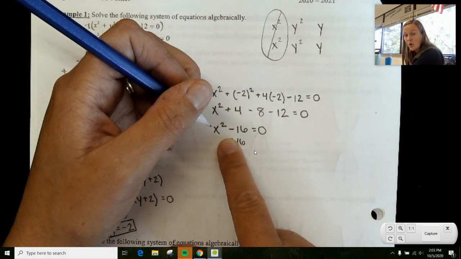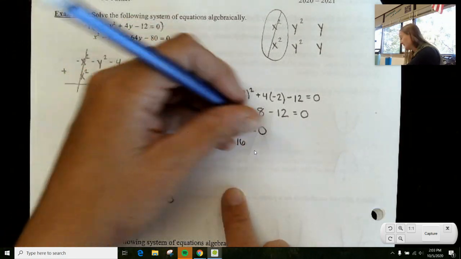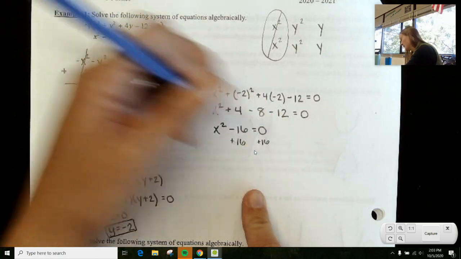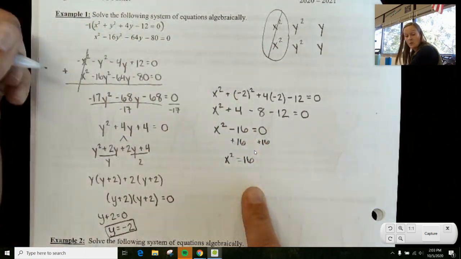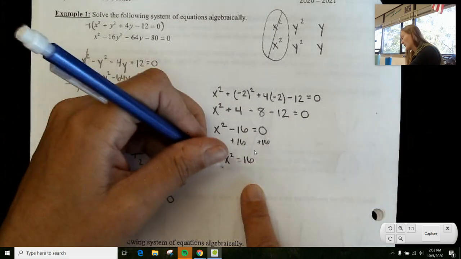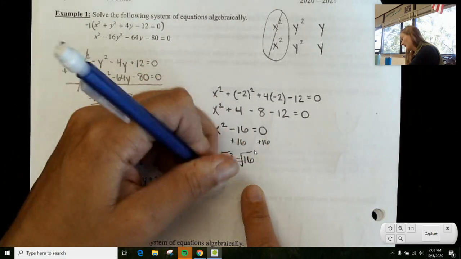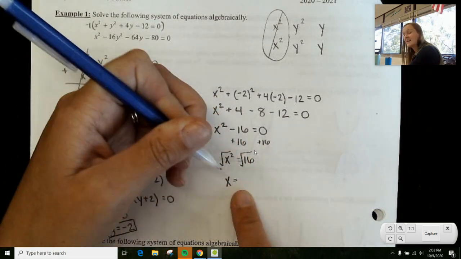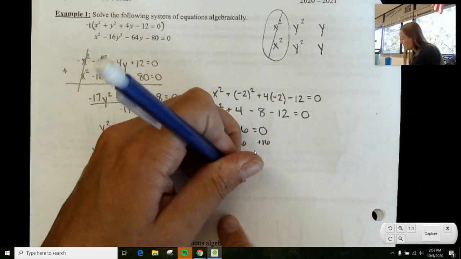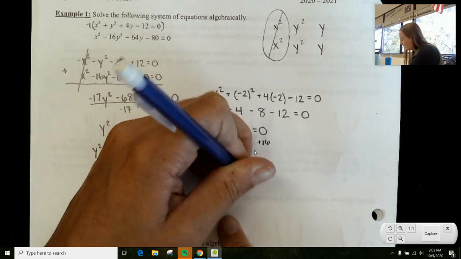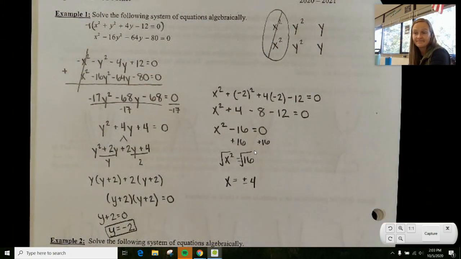So since there's no middle term, I'm adding 16 to both sides, and I get x squared equals 16. In order to solve here, I take the square root of both sides, and I get x equals, and here is the kicker, make sure you write plus or minus when you take the square root. Plus or minus, square root of 16 is 4.